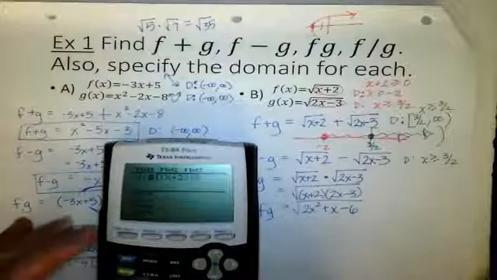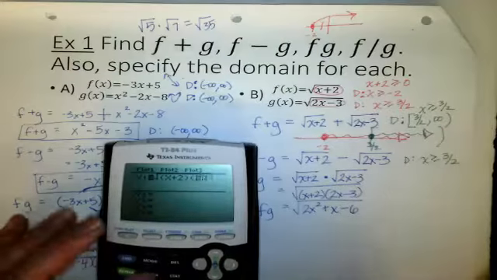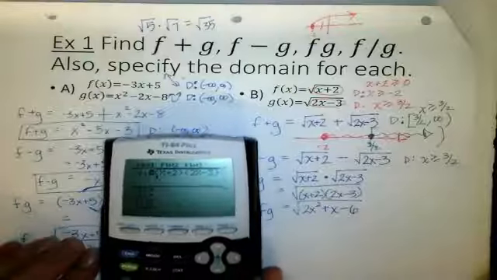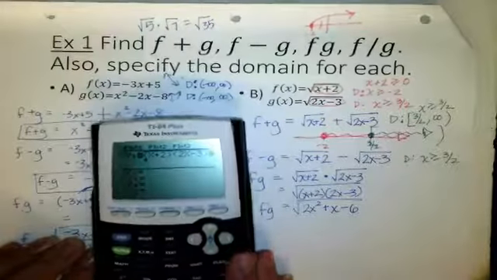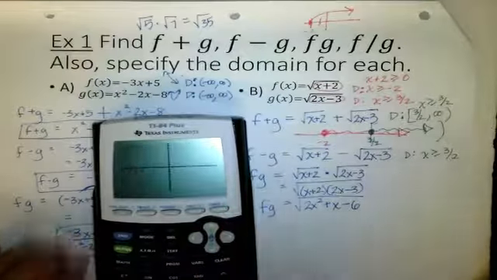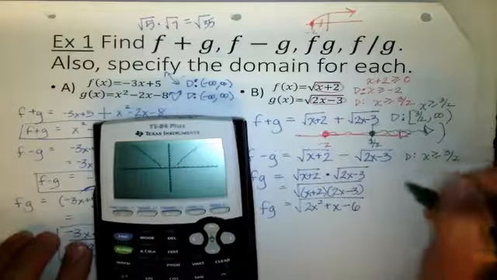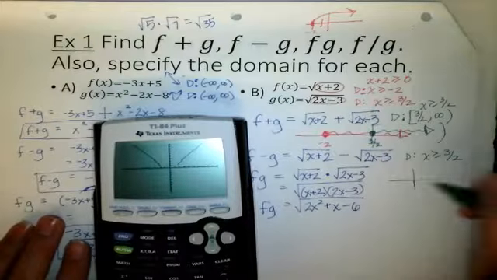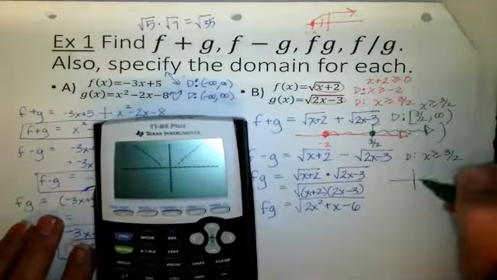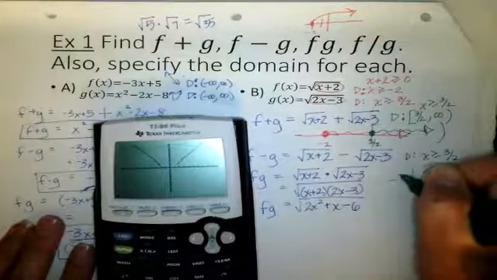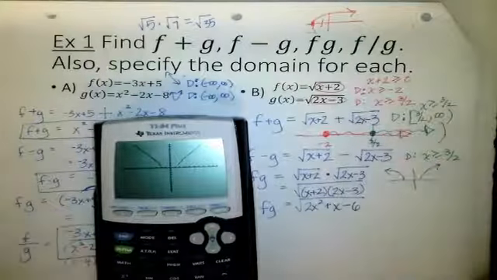The square root of x plus 2 times 2x minus 3, all underneath my radical. Graph that. We plugged this whole thing into our calculator, and we get this crazy graph.